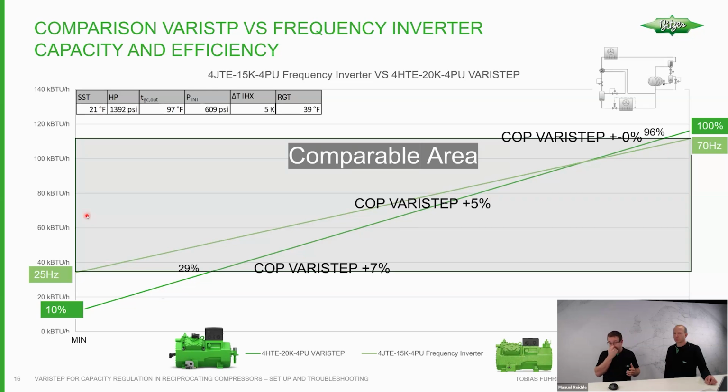Of course, this is now a transcritical operating point. In subcritical, it looks a little bit different, but on average, depending on what you calculate, if you compare the VARISTEP and the frequency inverter in the comparable area with comparable displacements, then the VARISTEP and the frequency inverter are efficiency-wise always on the same level, with a small tendency that in the range the VARISTEP has a slight benefit, so 1 or 2% on average over all the families.